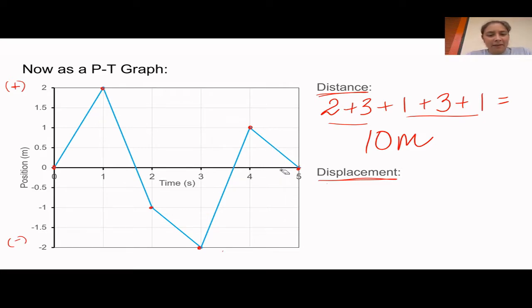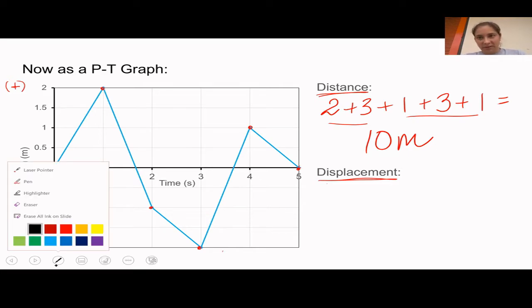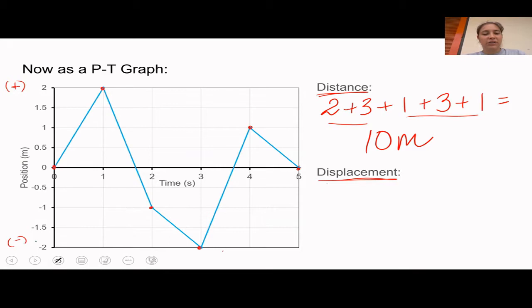So here we go. There's 2 ways that you can look at finding your displacement. The first one is the much faster way of doing it, which is you have to understand the definition. Displacement is the change in position. So your starting position and your ending position.